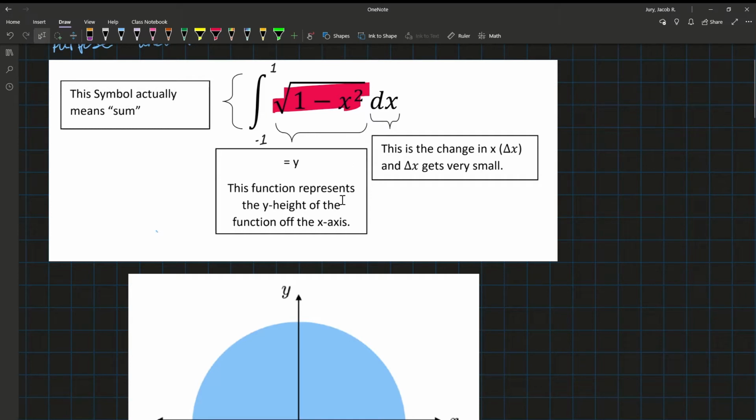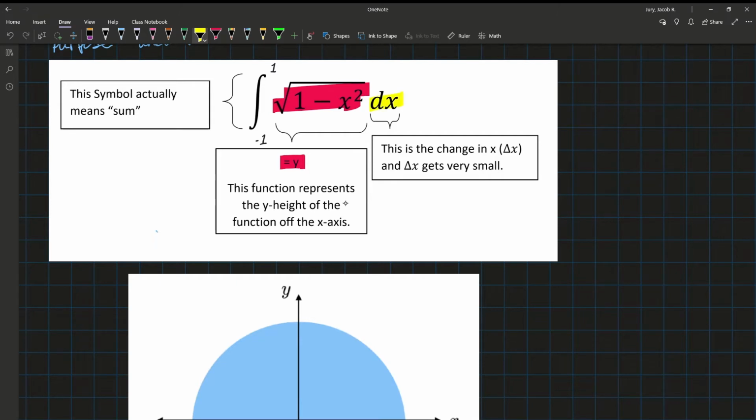And if we look at the y values, this is just the y height of the function. We've discussed this before with related rates and with optimization. It's not too hard to see that, oh yeah, that function is just giving us a bunch of y values. That's what y is. It's represented by that function.